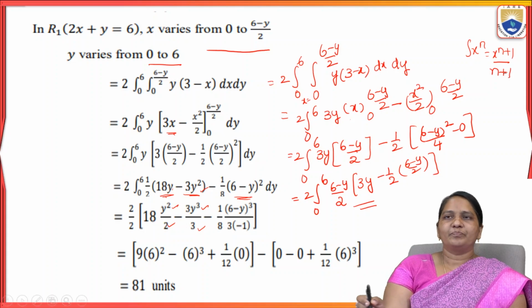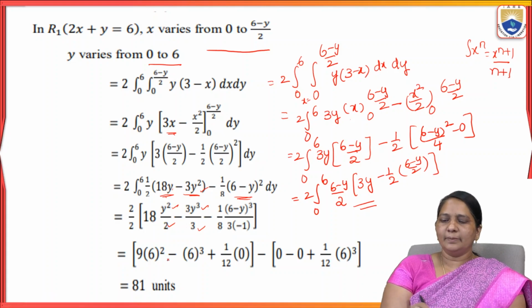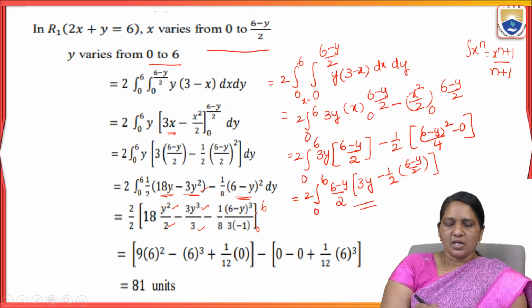According to this formula we are using it here. So the integral of y square is y cube by 3, and the integral of (6 minus y) square is (6 minus y) whole cube by 3, with limits 0 to 6. Now we are simplifying this and replacing the limits.